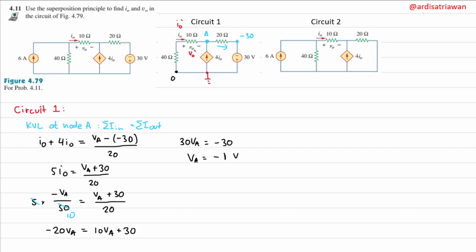But here we have I0 prime, right? I0 prime is equal to 0 minus VA divided by 50.